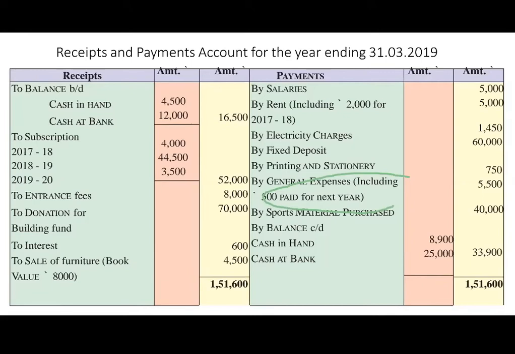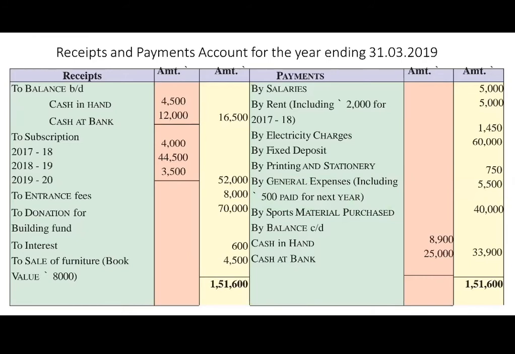If it is paid for next year, it means it is paid in advance, and anything we pay in advance is prepaid. So in general expenses, the adjustment given is of prepaid. The amount given for general expenses is 5,500, and in this 5,500, 500 is paid for the next year, which means you are going to less it, as I said, including, which means you have to deduct it.